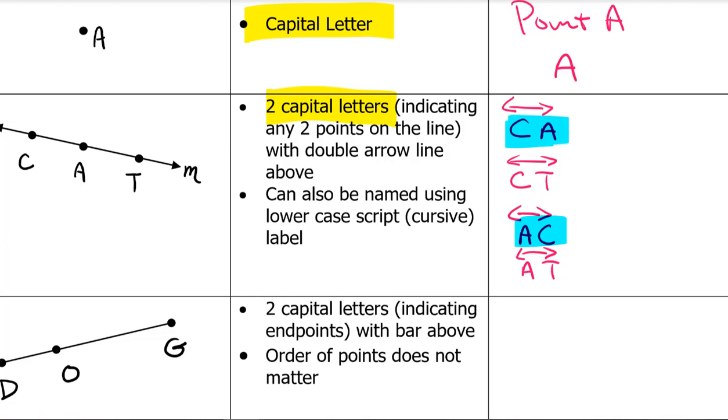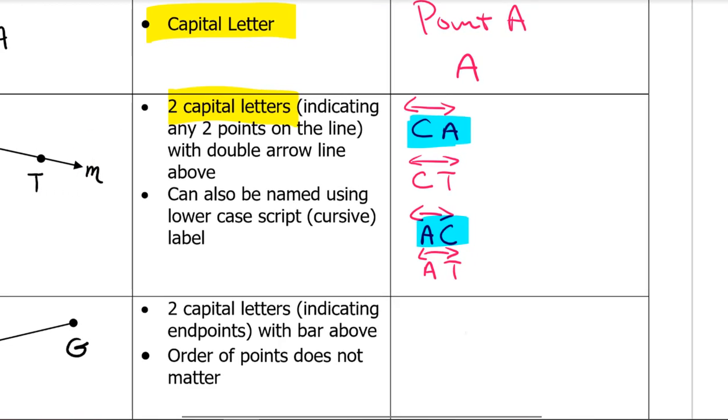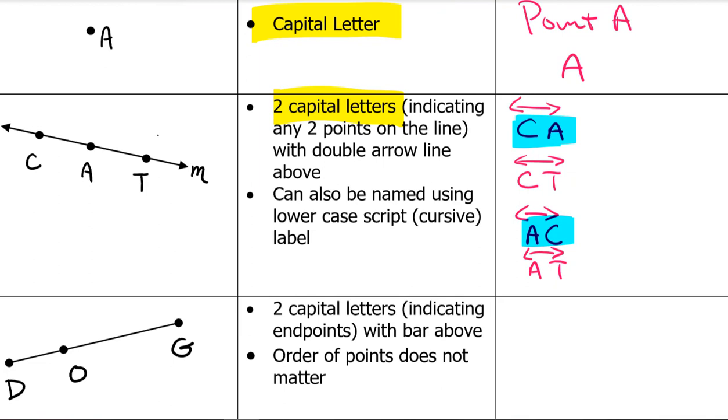Now, another option that I could do, because I started with point C, I started with point A, I could also start with point T. But notice if I start with point T and go this way, I could have T to A, and put the arrows above that. That's one option.